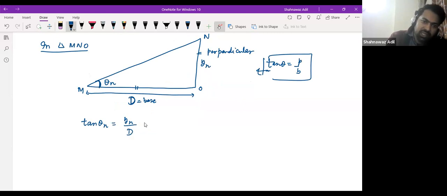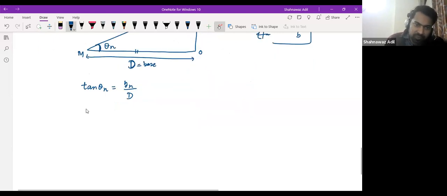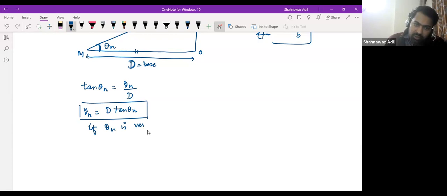So we can write yn as d tan theta n. And similarly, if theta n is very small, then we can write tan theta n as theta n.